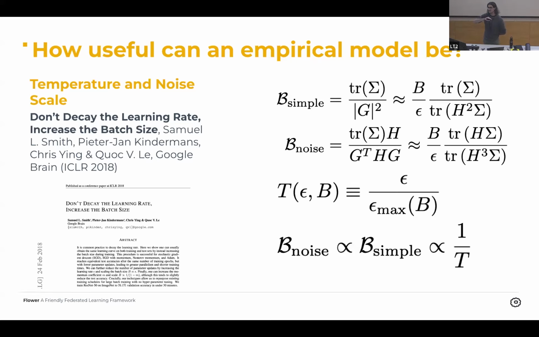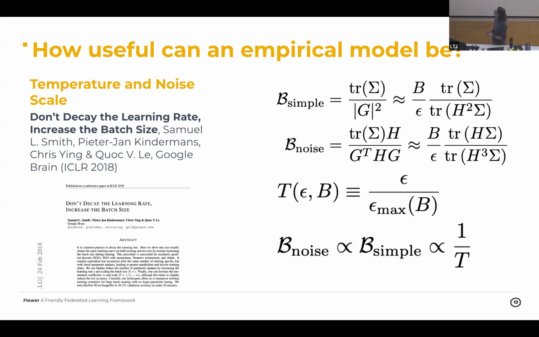That this B noise increases by 1 order of magnitude during training. And what do you usually do when you train neural network models and you are at the end of the training? Instead of using the same learning rate, maybe you try to decrease it a little bit, right? In order to make steps that are much smaller than earlier, in order not to get out of the good minimum basin that you have found, right?